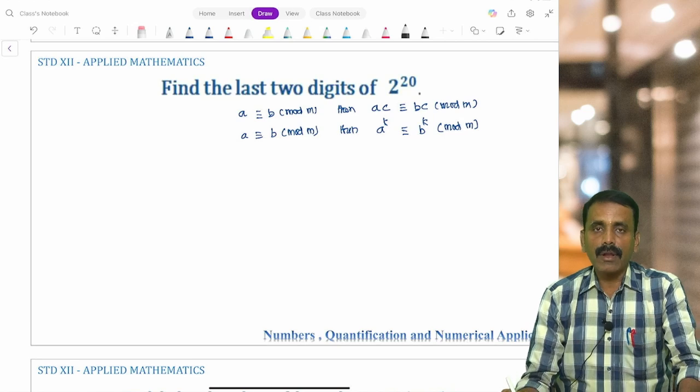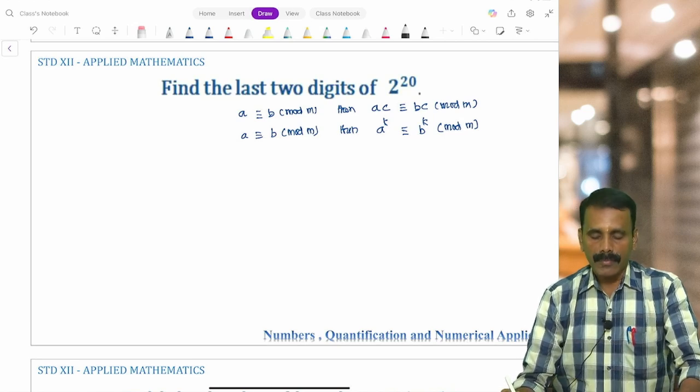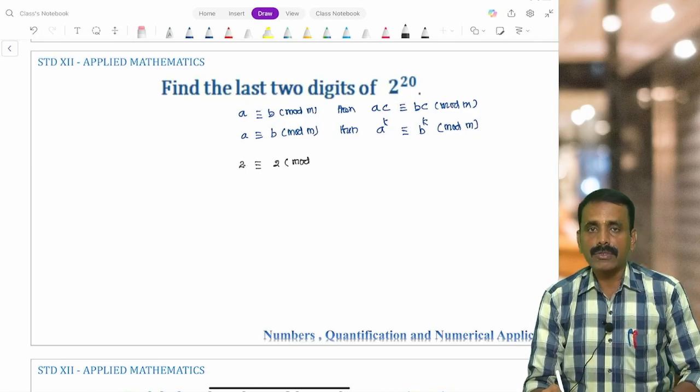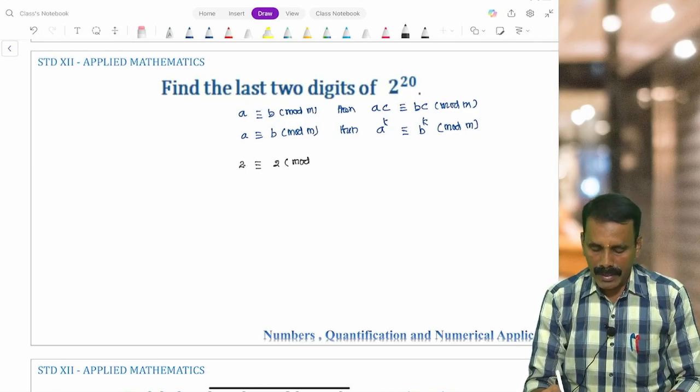Now we are going to find the last two digits of 2 power 20. So we start with 2 is congruent to 2 mod 100, because for the last two digits we have to divide by 100.